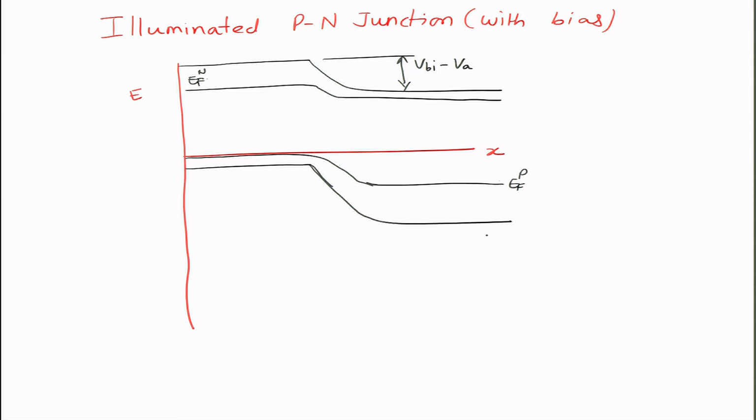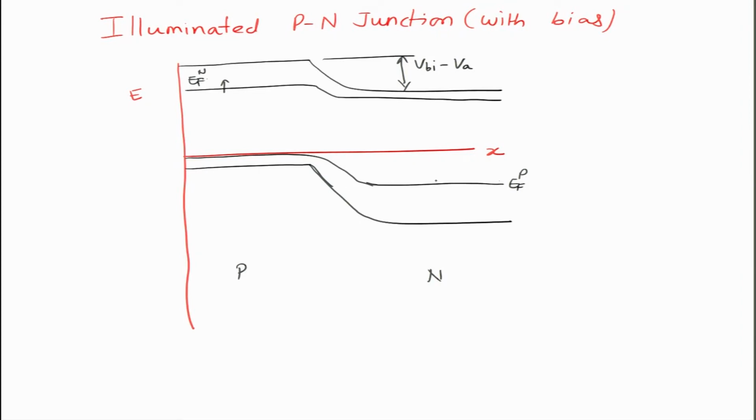Normally, the beauty of this is, for the p side you consider the Fermi level corresponding to holes, because the p side is hole rich, and for the n side you consider the Fermi level for electrons because this side is electron rich. But because of illumination you have caused a sudden flux of carriers, so these Fermi levels, corresponding to electrons and to holes, are very high, and that is what drives the electron migration and hole migration from this side to that side.